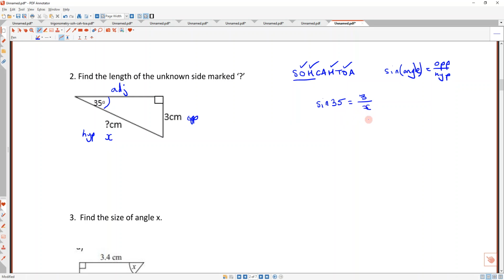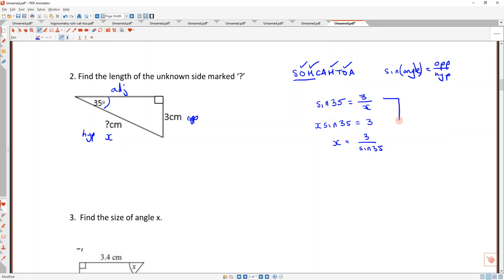Now we've got x on the bottom here. So this x is dividing into the 3. If I bring the x up, I'm going to have x sine 35 is equal to 3. So x is equal to 3 divided by sine 35.